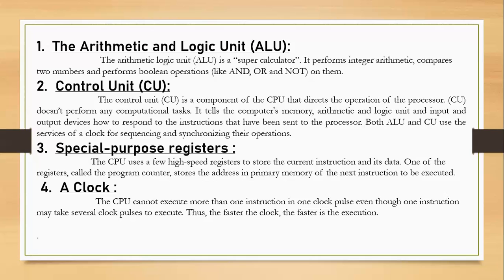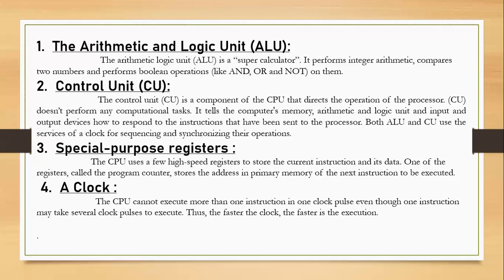OR operations: 1 or 0 is 1, 0 or 1 is 1. When both the bits are equal to 0, the result is 0 in case of OR. NOT means if it is a NOT operation, NOT of 0 is equal to 1, and NOT of 1 is equal to 0. We get the reverse, opposite bit as output.